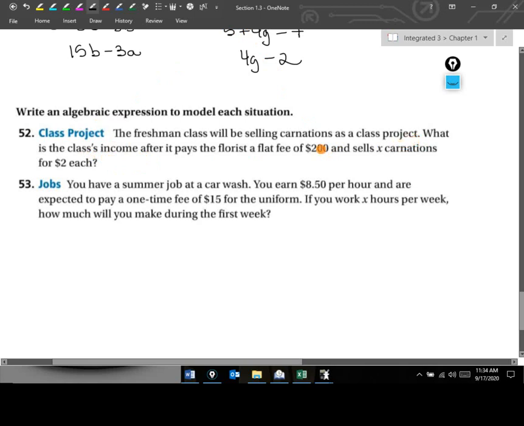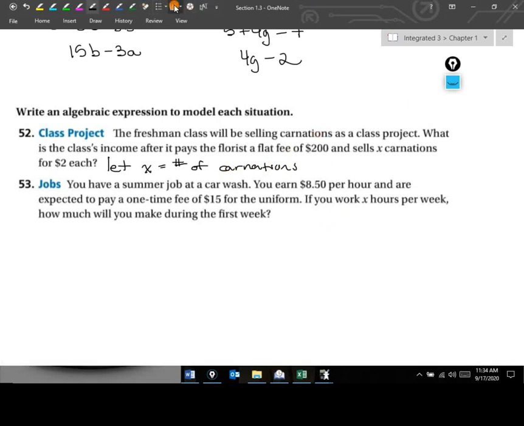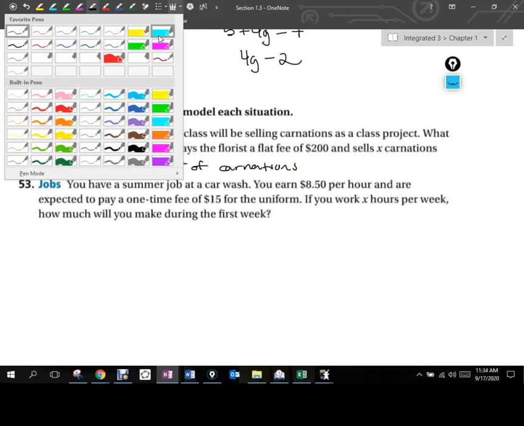When we do one of these problems, the first thing we should do, and they do it for us here, is identify what our variable is. So I'm going to say let x equal number of carnations. Okay. x equals number of carnations.